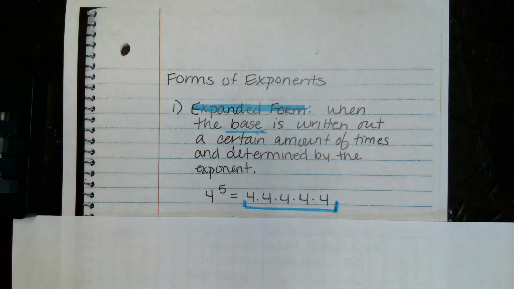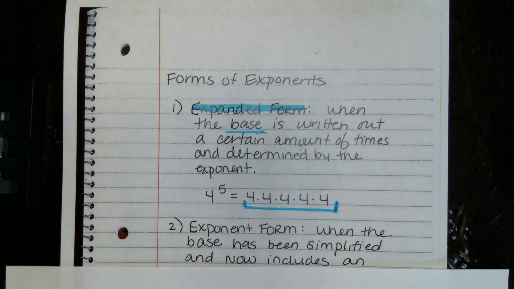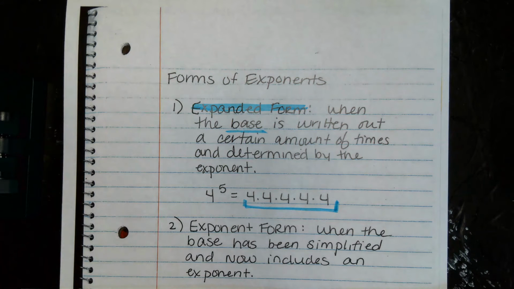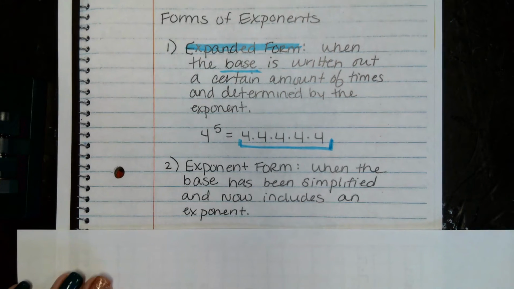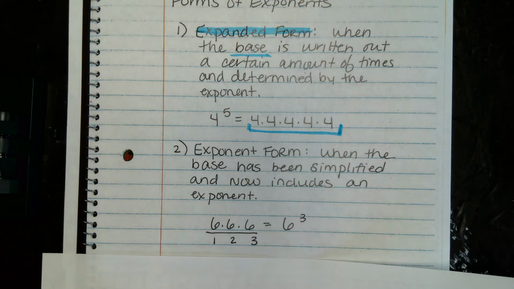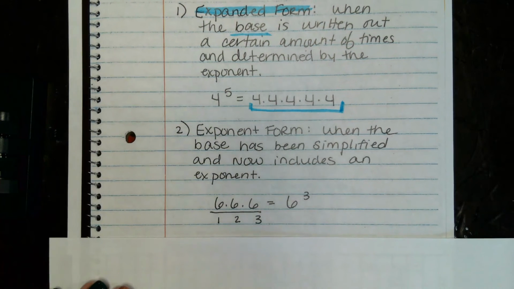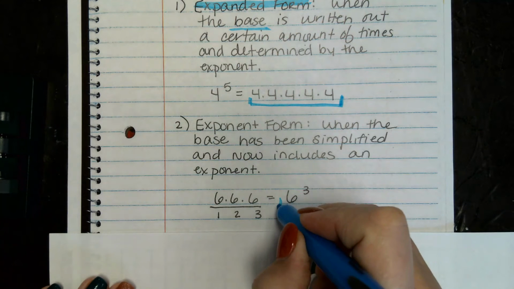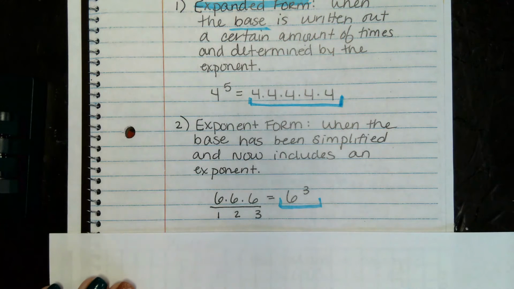Now the opposite of expanded form is exponent form. Exponent form is nice and simple: instead of being written out many times, it has an exponent. So exponent form is when the base has been simplified and now includes an exponent.